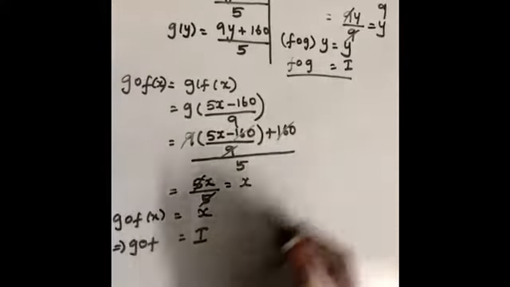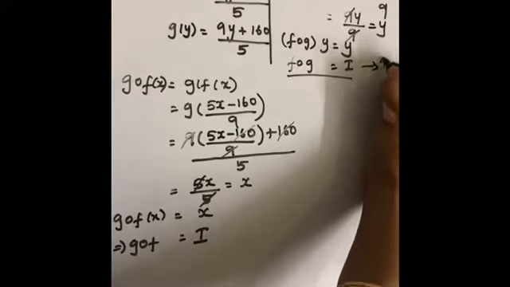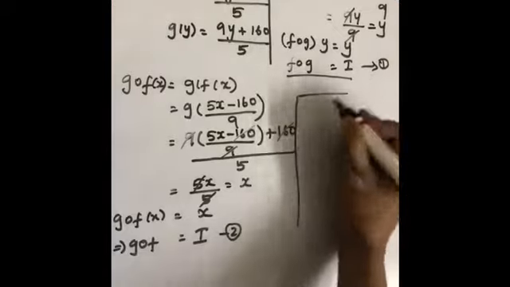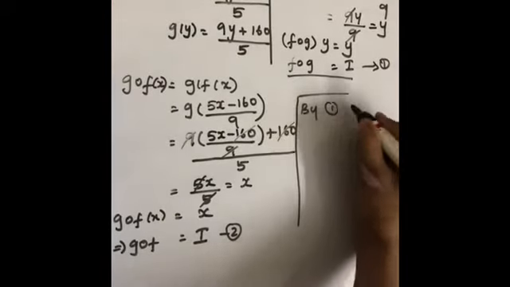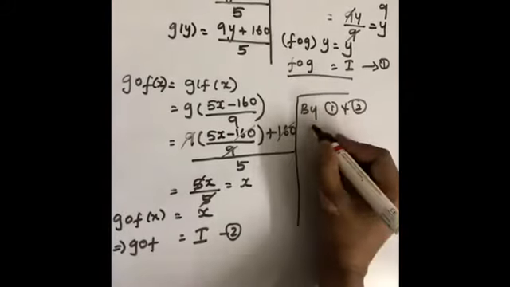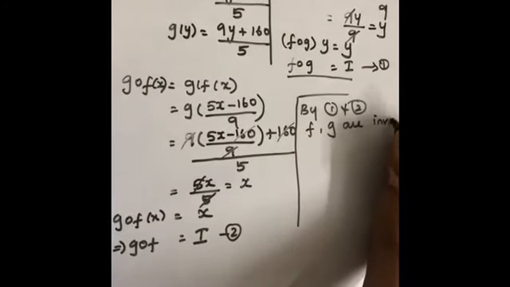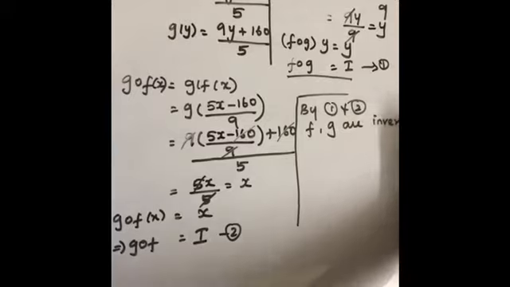By these two conditions, by 1 and 2, we conclude that f and g are inverses to each other.